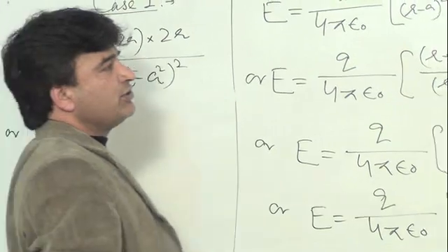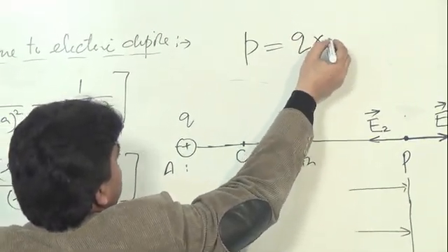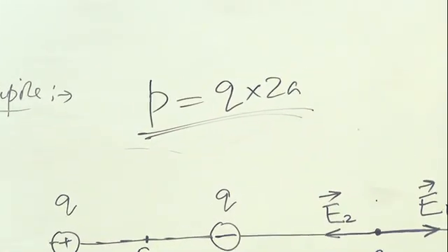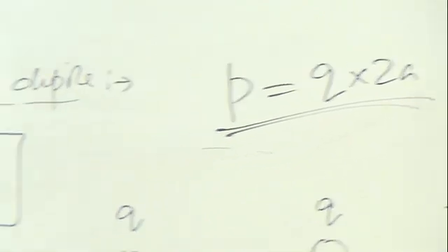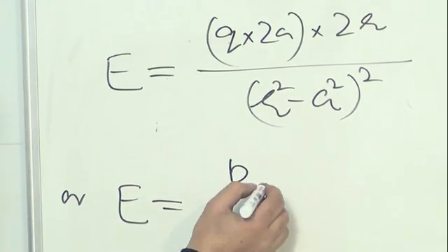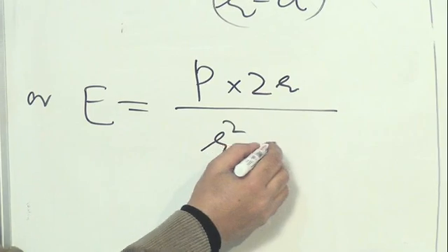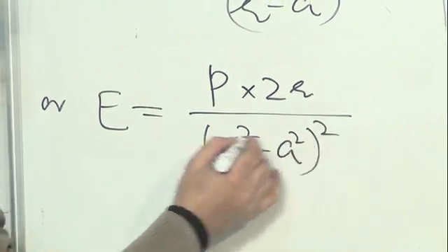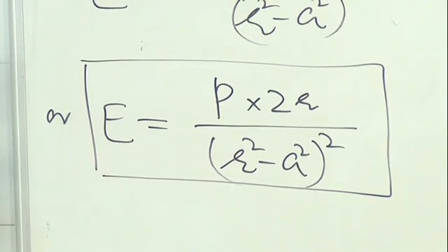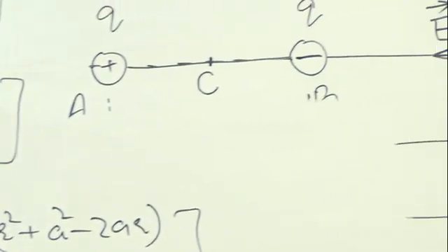As already I told you, the electric dipole moment P has a magnitude equal to the product of either charge into the distance between the charges in case of an electric dipole. Then instead of this term Q into 2A, I will write P, that is electric dipole moment, into 2R divided by (R square minus A square) whole square. This is the expression for electric field intensity at point P due to electric dipole.